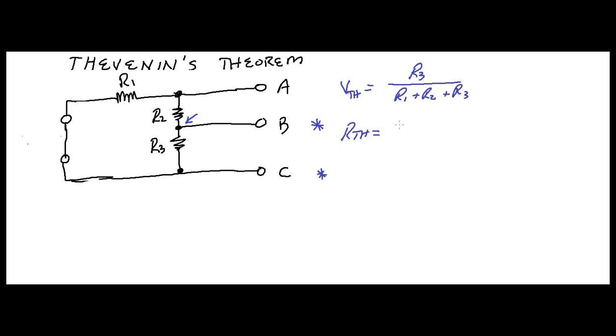So you would have basically R1 plus R2 in parallel with R3. Got it? Well, there you have it. That's pretty much how you would do it, right?